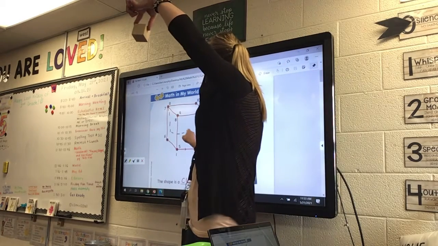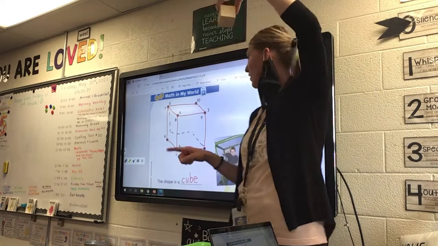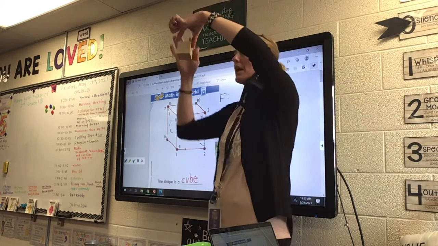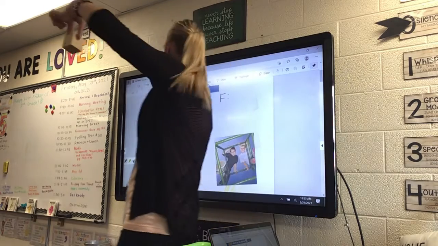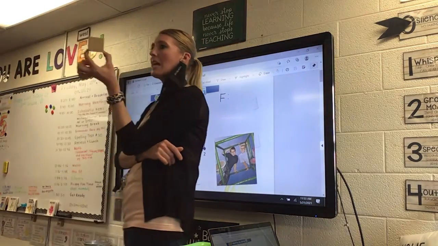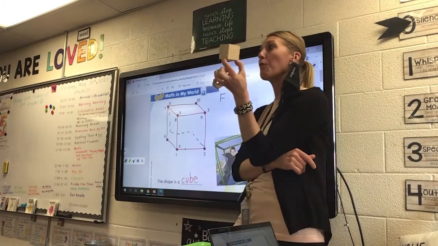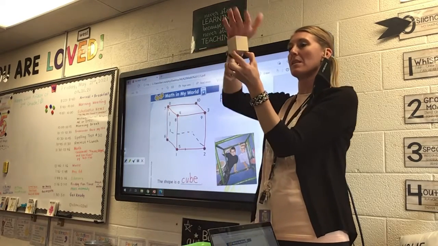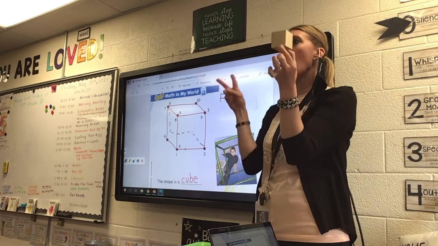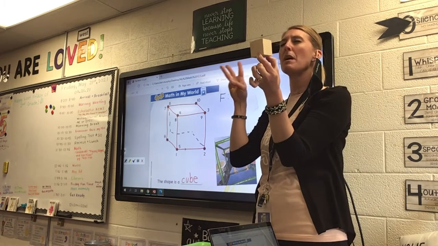So looking at our cube, we're going to put a big F up here for the faces. Can you guys count the faces on your cube, or you can look at Mrs. Murphy's. Count them and see how many you think this cube has for faces or the sides. Okay, on the count of 3, I want you guys to tell me the number you think.